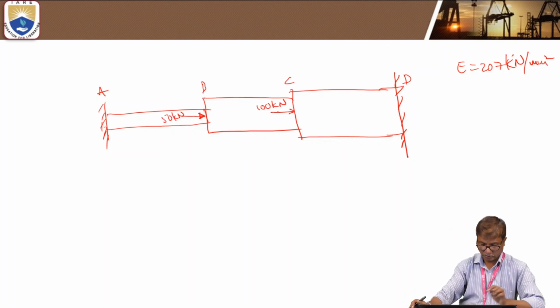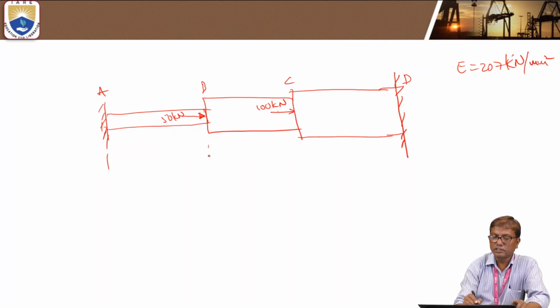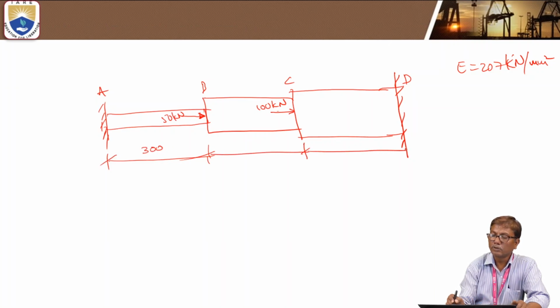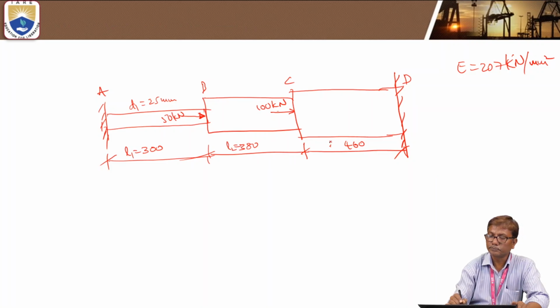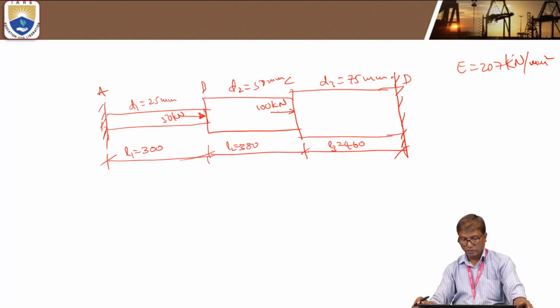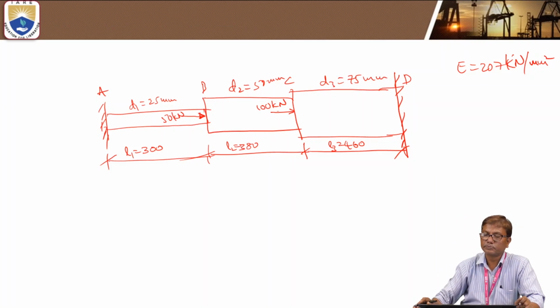And the lengths and diameters are given: L1, L2, L3 are 300, 380 and 60, and the diameters D1 is 25 millimeters, D2 is 50 mm, and D3 is 75 millimeters. Okay, so this is what is given.